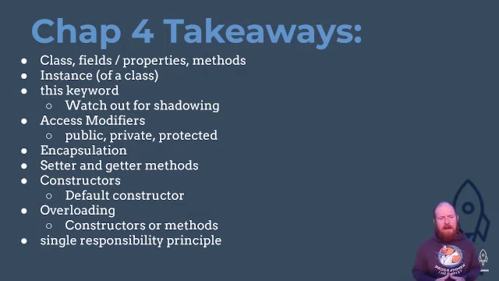Overloading, I think it's more for the next lesson, but because we're talking about constructors, I'm going to bring it up here. You can do overloading with methods, which I'll explain more on Thursday, but with constructors, sometimes whenever you create a person, you know their first name and their last name, but maybe you don't know their date of birth yet.